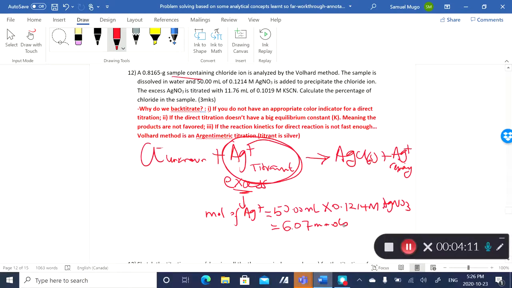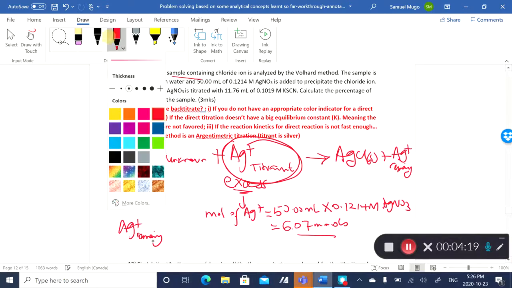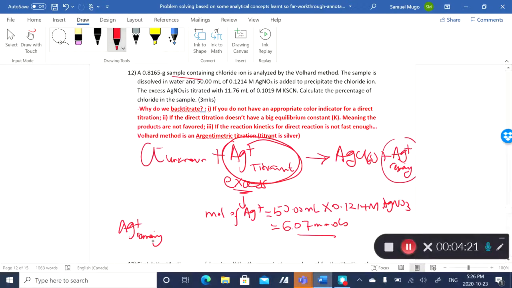Now after you do this, you react the remaining silver with the thiocyanate, which is the next titrant that you're using. In this case, you get the silver thiocyanate.